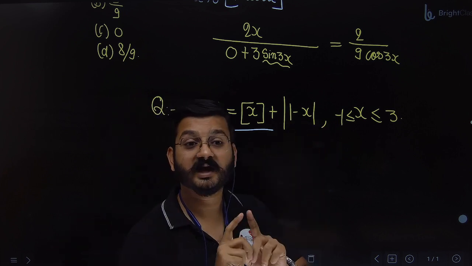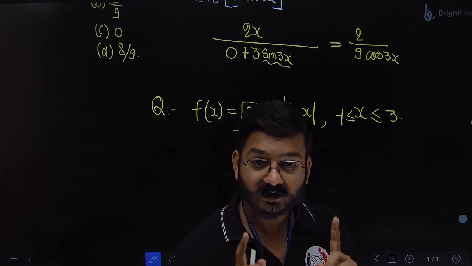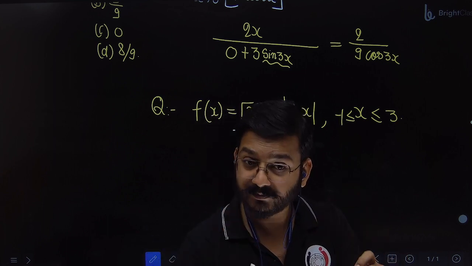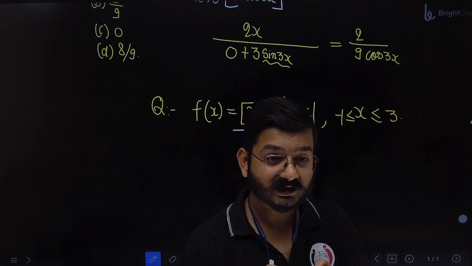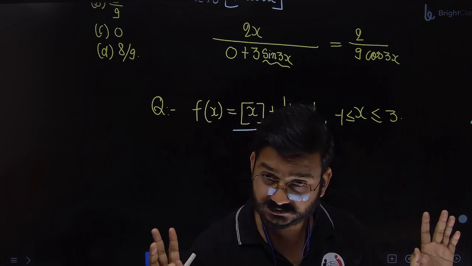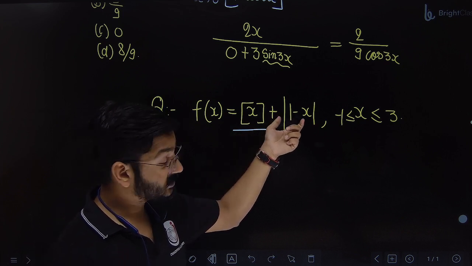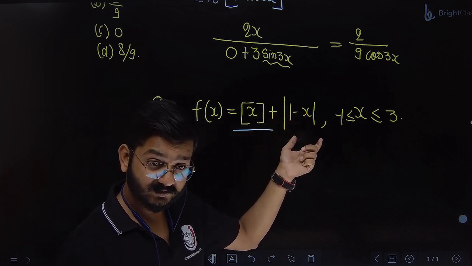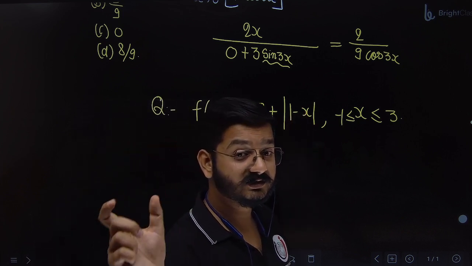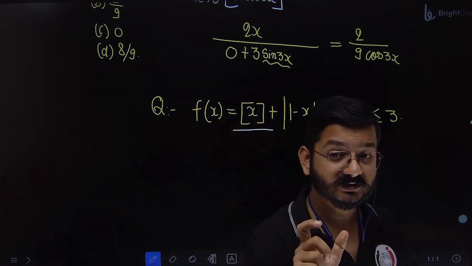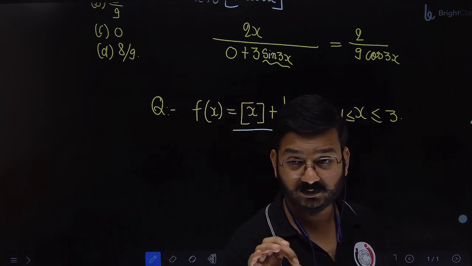This function is continuous everywhere. The mod function doesn't have any break or any gap. So the mod function is continuous for all real numbers. This one is discontinuous at integers, and this one is continuous at integers. So we are adding a continuous function and a discontinuous function. Make a note of this point.